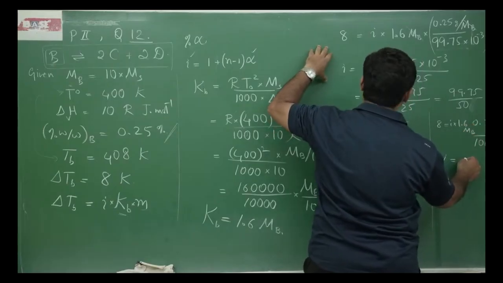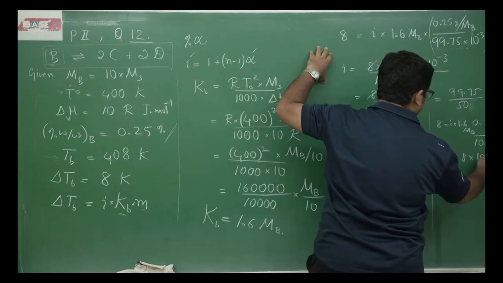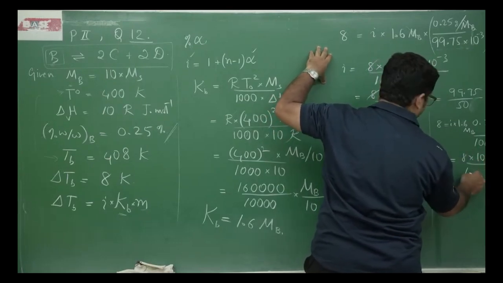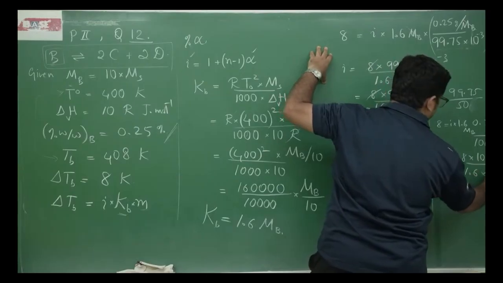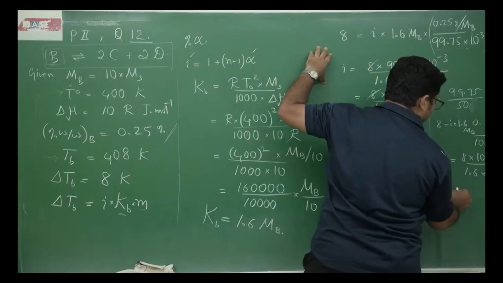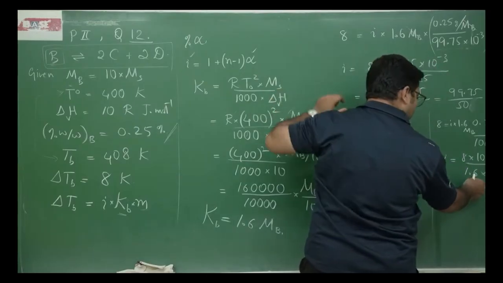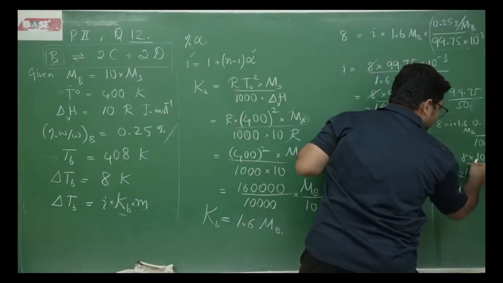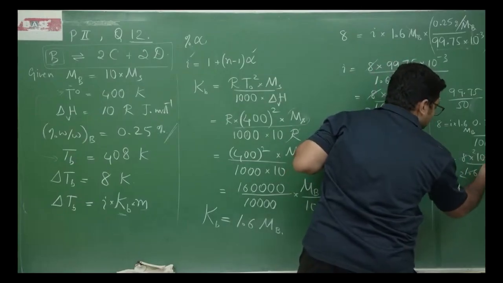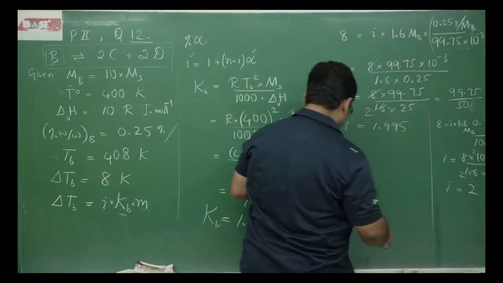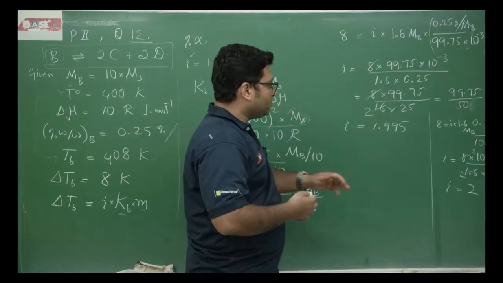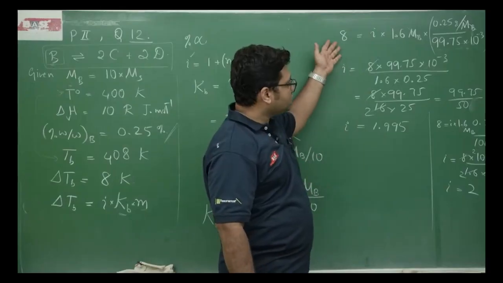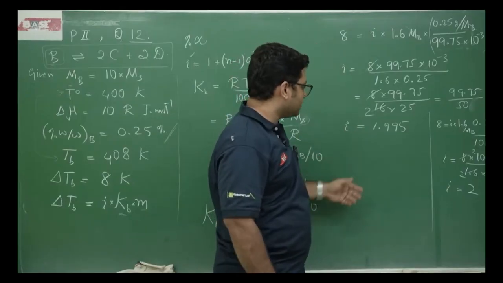So this will be 8 into 100 into 10 power of minus 3, whole divided by 1.6 into 0.25. Simplifying, it becomes 2 times 25 over 2 times 100, and the i value becomes 2. So that's the difference. If we assume a dilute solution, the i value is equal to 2. If I assume the actual concentration of the given solution, the i value is 1.995.